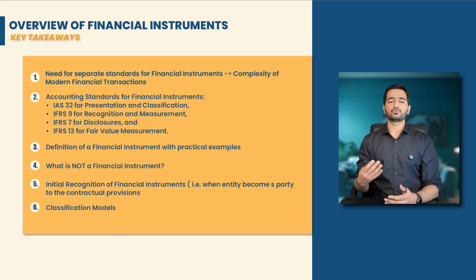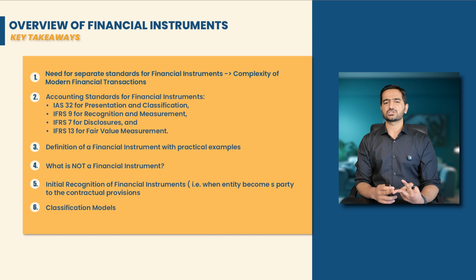Then we were introduced to four standards: IAS 32 for presentation and classification, IFRS 9 for recognition and measurement, IFRS 7 for disclosure, and IFRS 13 for fair value measurement. We covered the definition of financial instrument and worked through some practical examples with journal entries from both parties. We applied the principle of substance over form and understood the consequence for dividend treatment. We also clarified what is not a financial instrument.